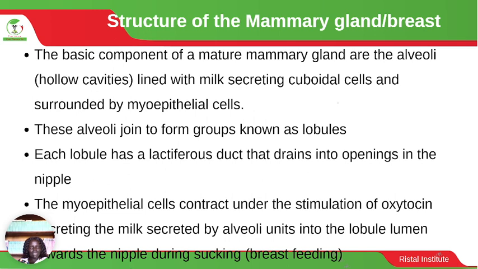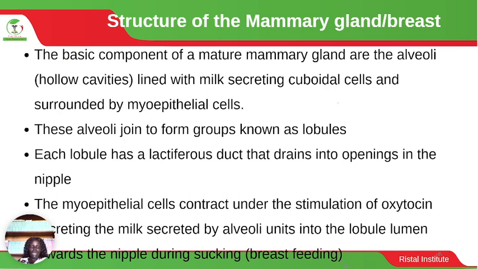Structure of the mammary gland, we are continuing to look at it. The basic components of a mature mammary gland are the alveoli, or the hollow cavities, lined with milk secreting cuboidal cells and surrounded by myoepithelial cells. These alveoli join to form groups known as lobules.